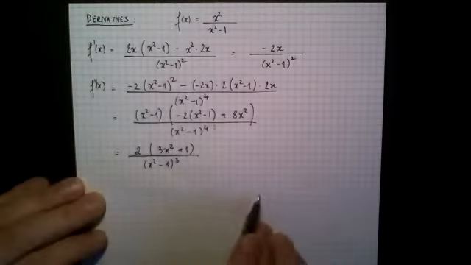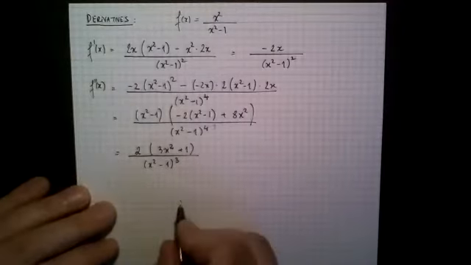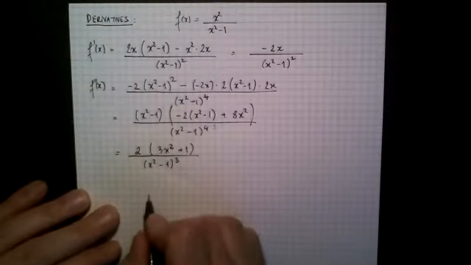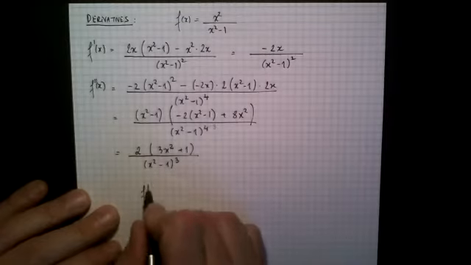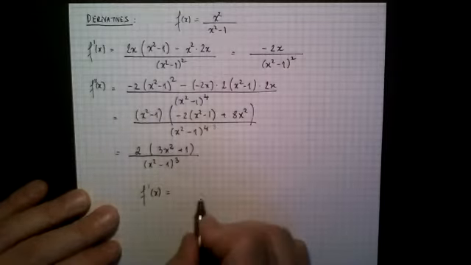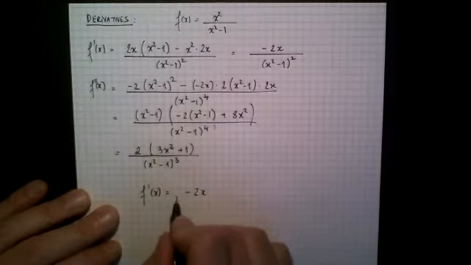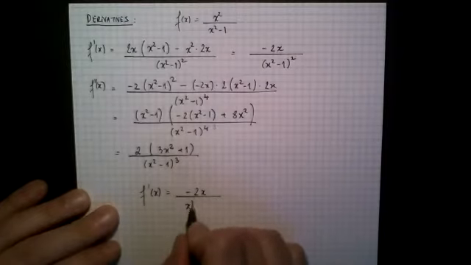Okay, so let me write down my 2 simplified derivatives here because I'm going to use them. So in summary, we have f prime of x is -2x over x squared minus 1 squared.